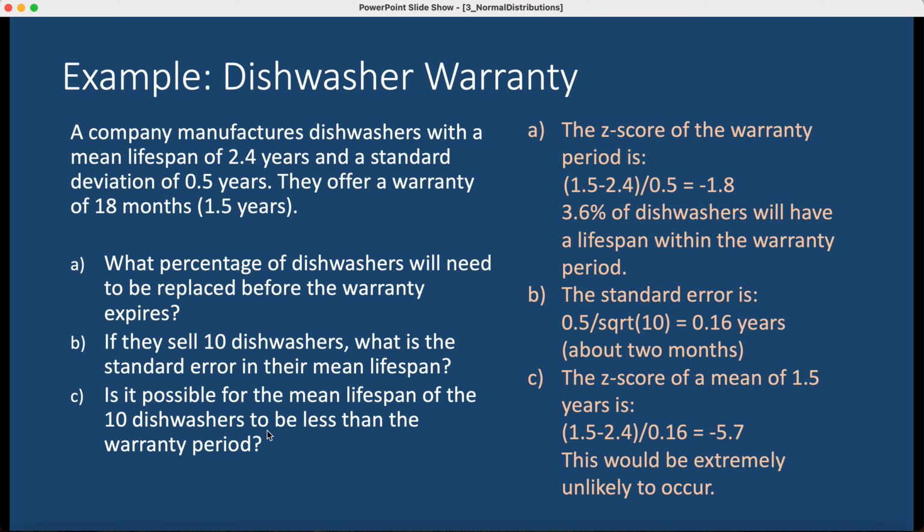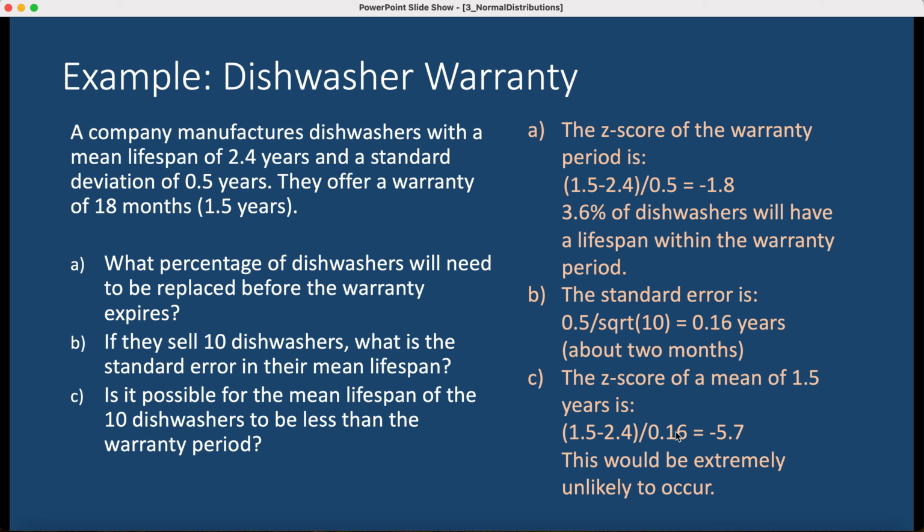Now we're looking at not where 1.5 years falls on the distribution of all dishwashers, but where it falls on the sampling distribution for 10 dishwashers. So we're comparing this to the mean, just as we did before, but we're not dividing by the standard deviation, we're dividing by the standard error. That's the only change from part A. We're just dividing by the standard error now.